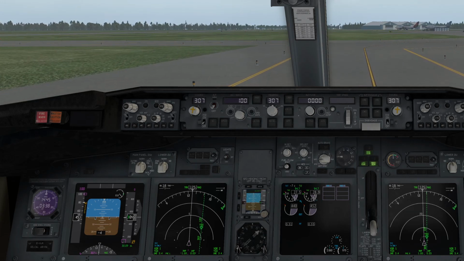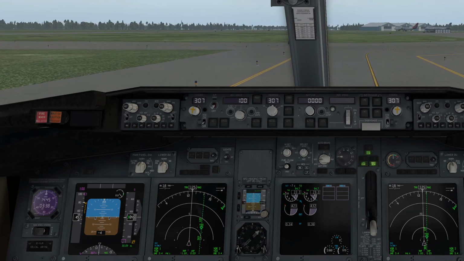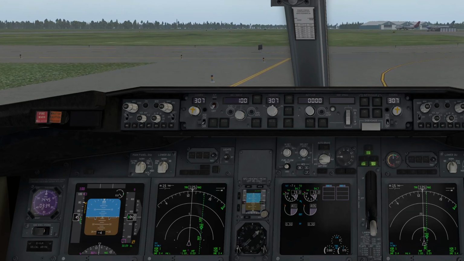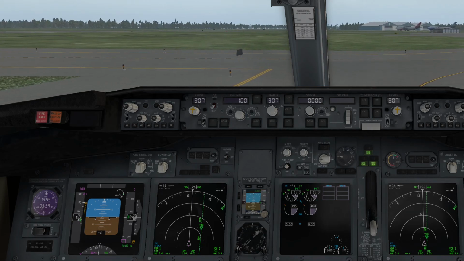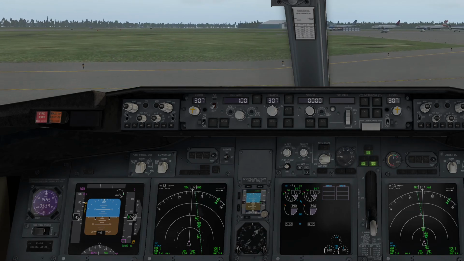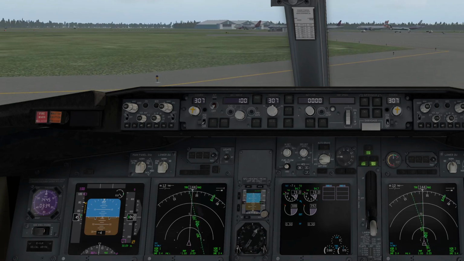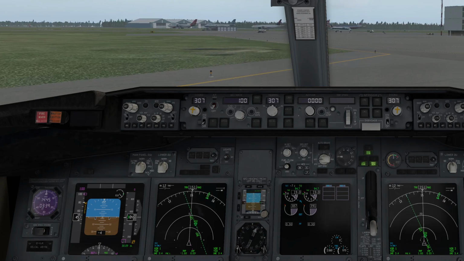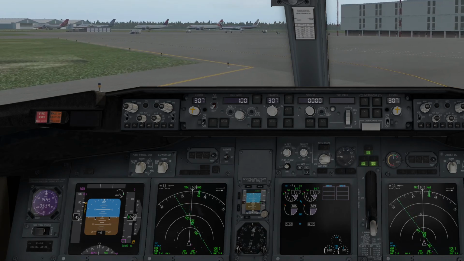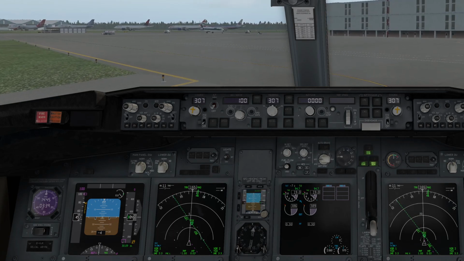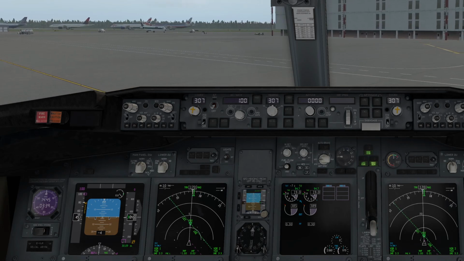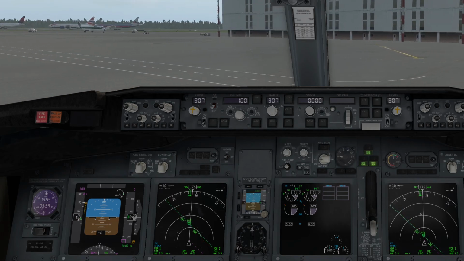Thrust idle for the turn, some brakes, 15 knots ground speed, so let's take this position.